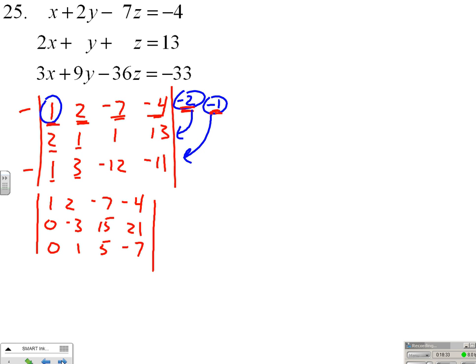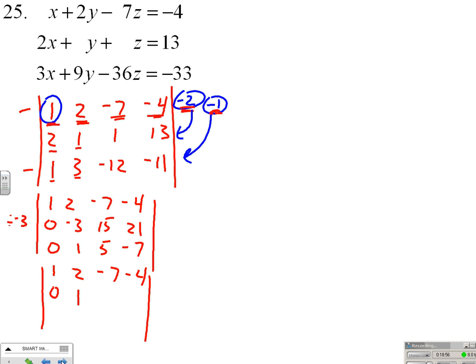And so now I notice row 2, I can house clean that guy. So again, I might just do something like this, divide by -3 or 3, either one, and then erase if I was using pencil. But I'm just going to go ahead and rewrite this. 1, 2, -7, -4, 0. Divide this row by -3, I get 1. Oh, you know what? Do I have a mistake here?